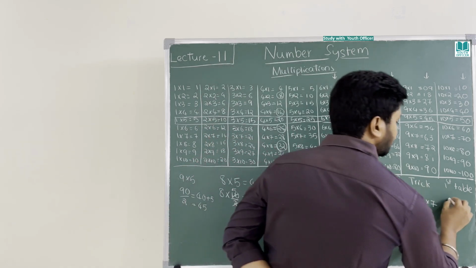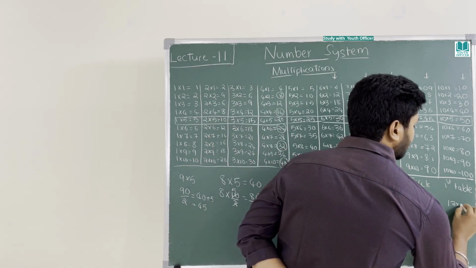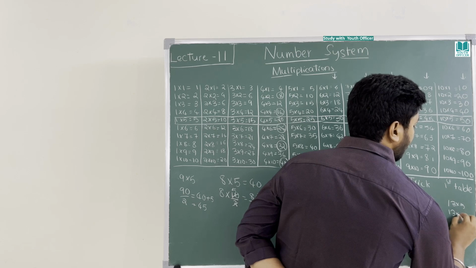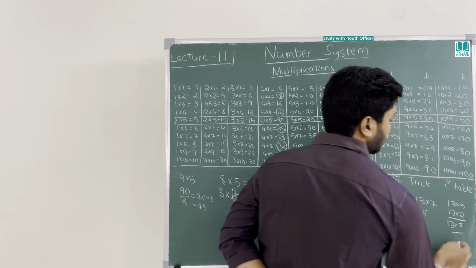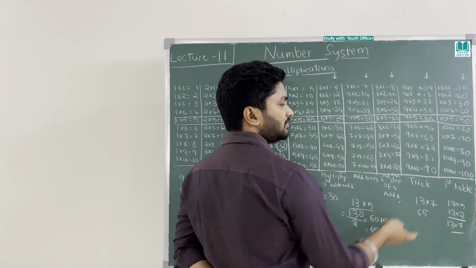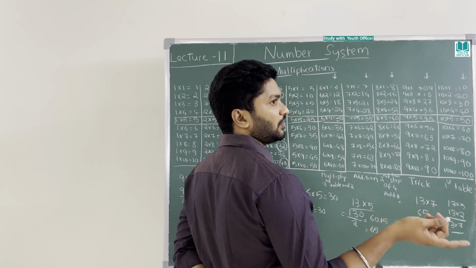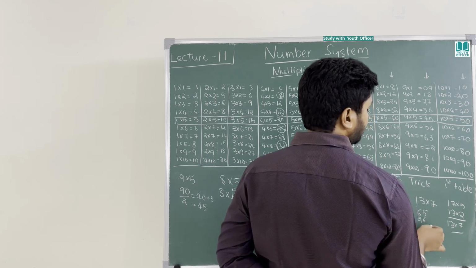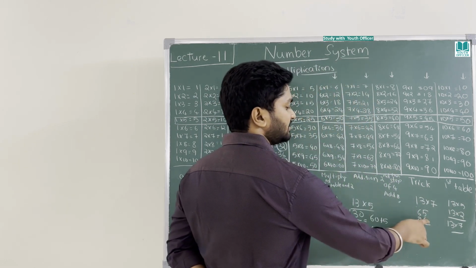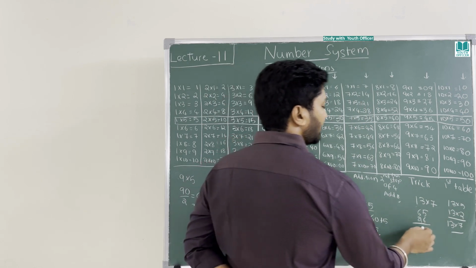That's what you have to do, right? 13 fives and 13 twos, if you add, you will get 13 sevens, right? So 13 fives, 65, 13 twos are 26. 65, 26 you have to add. 6 you add first, 71 to 91.